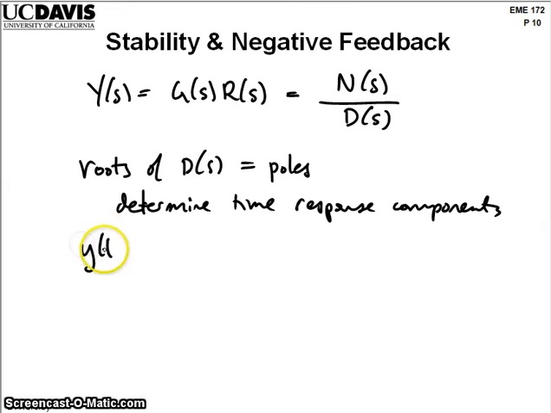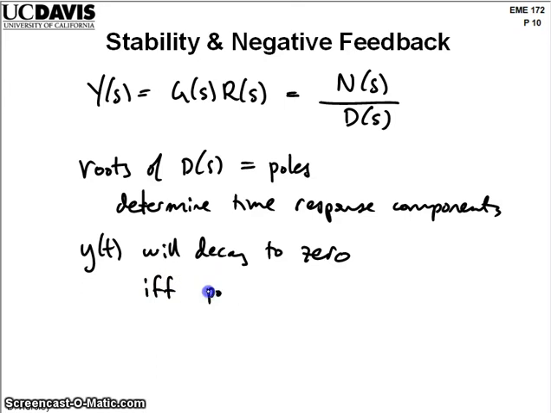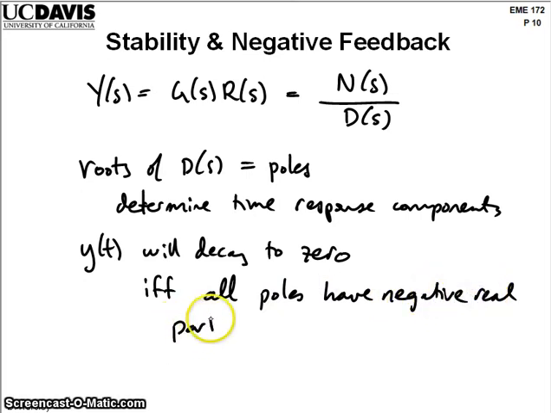So y of t will decay to 0 if and only if the poles, actually I should write all the poles, have negative real part. Okay? And if any pole has a positive real component, y of t will not go to 0. It will blow up over time.